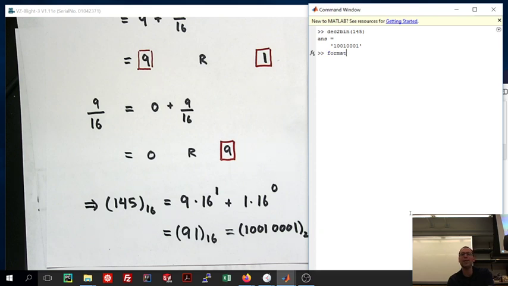So I'm going to format hex. Could you guess what format hex does? Okay. Uint 8 of 145. What do I expect? What does that tell me?